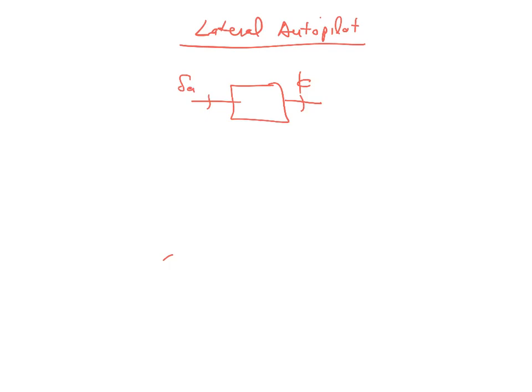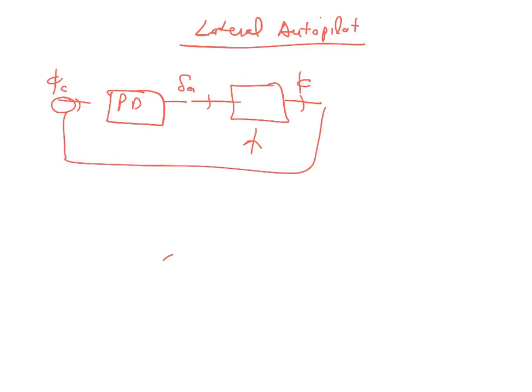We use PD control here, and phi commanded to phi can be assumed to be 1. So you compute your delta A such that phi goes to phi commanded.